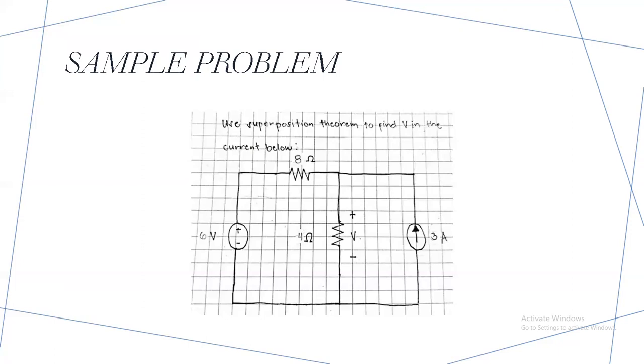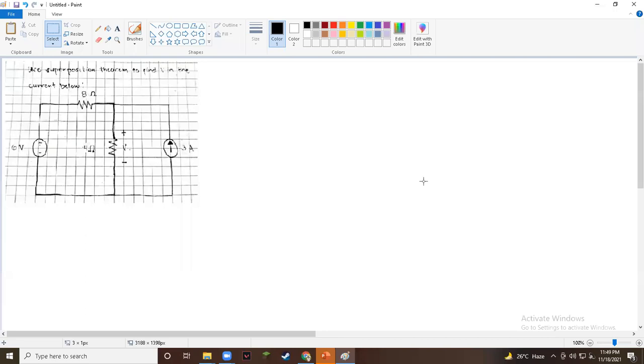Use superposition theorem to find V in the circuit below. So yan po yung graph na ating gagawin or ating pagsosolvan para mas maintindihan natin kung ano ang superposition theorem. Let's proceed.